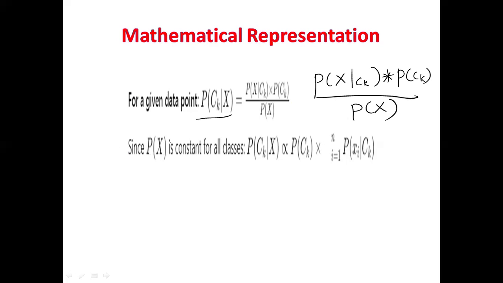And since probability of x is constant for all classes, we can write probability of ck given x is directly proportional to probability of ck into the product from i equal to 1 to n of probability of xi given ck.